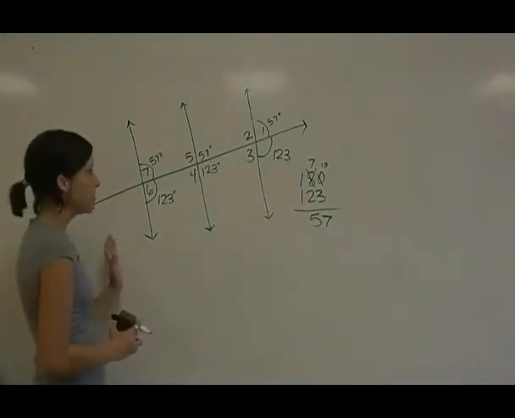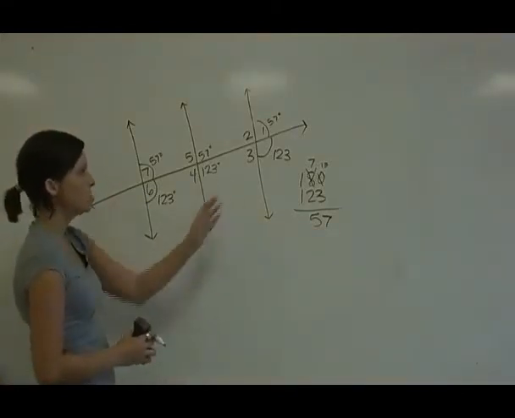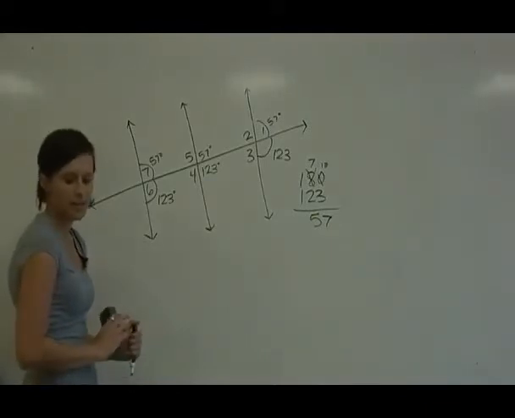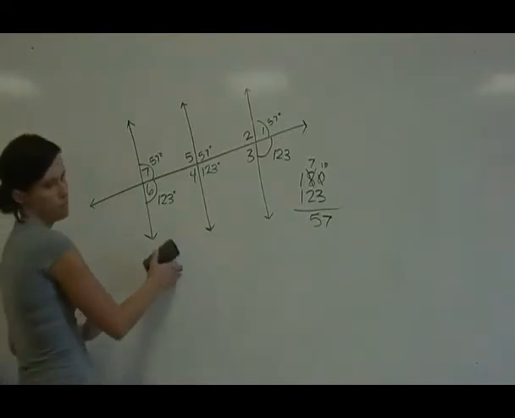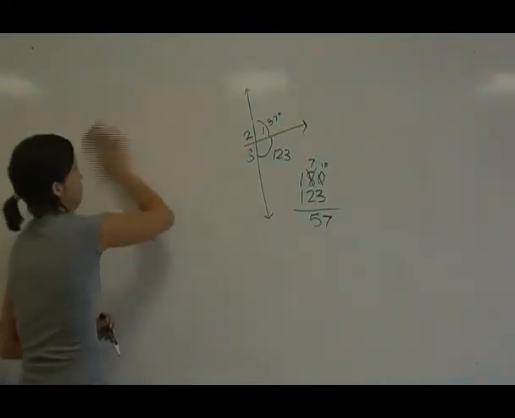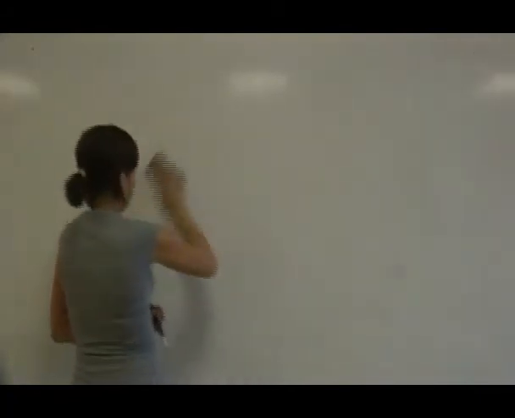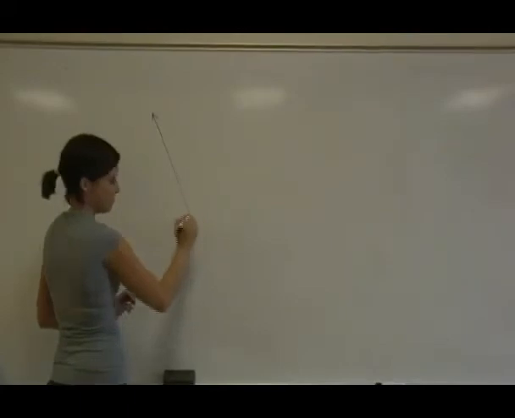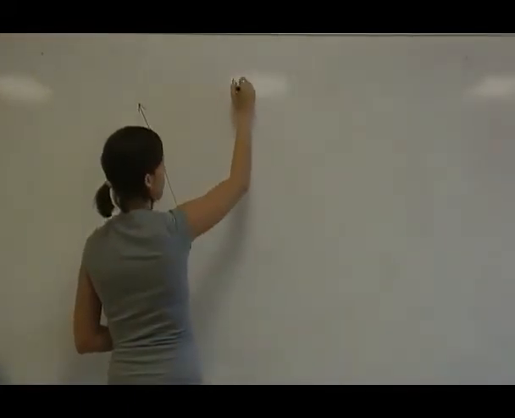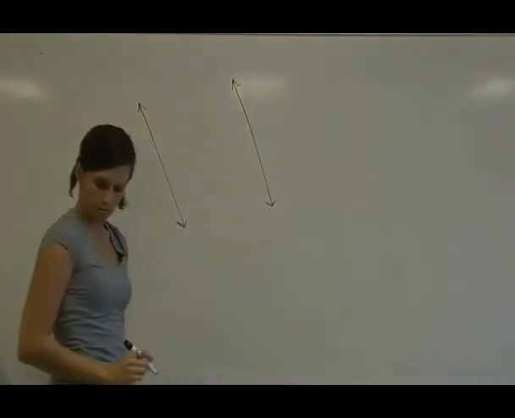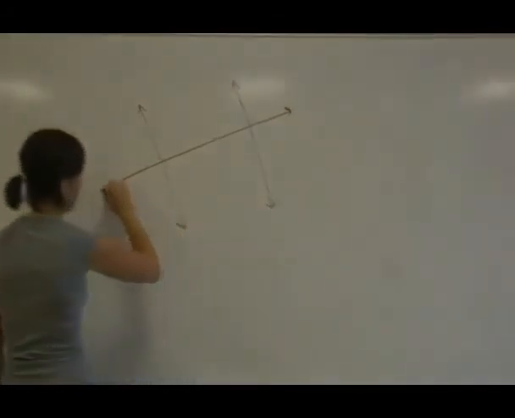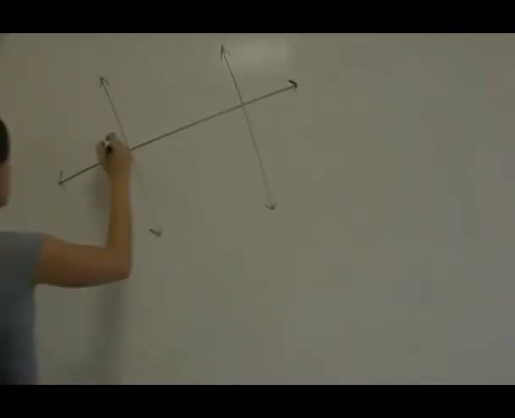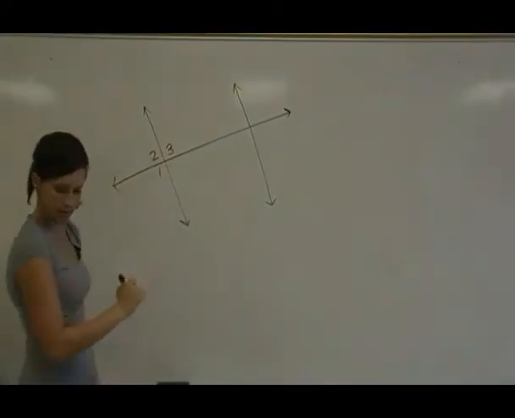So every time you tackle one of these problems, like I said, write in what you know just from the rules of parallel lines, and it will make your life a lot easier. So let's look at number 14 and remember these rules. Angle 2, 1, and 3.